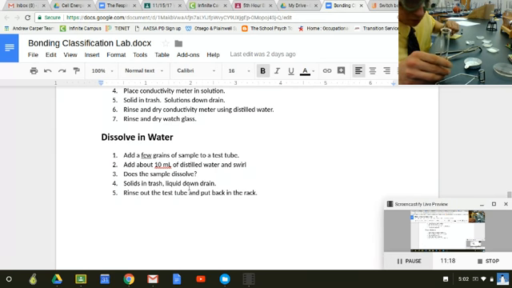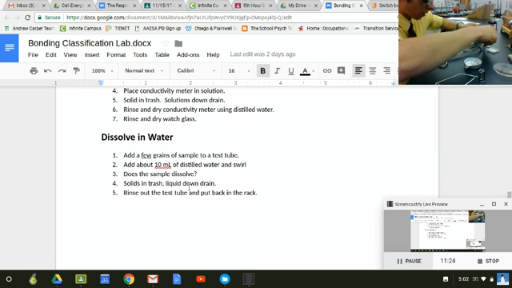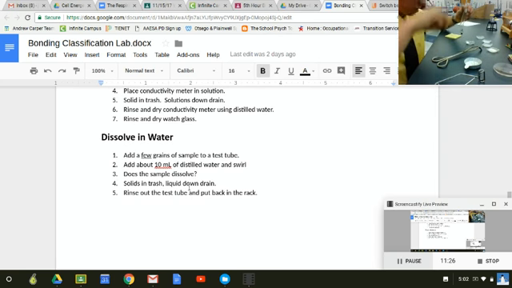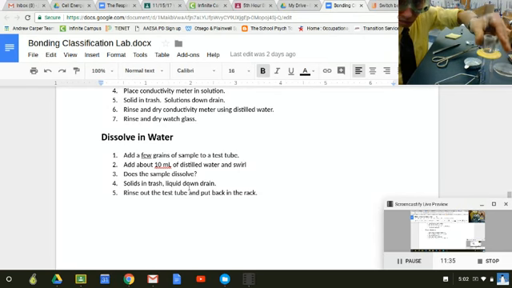You're going to take some of your substance, put it in the test tube. So I'll add some to the test tube. All right, I'm going to add some distilled water, 10 milliliters. So I'm going to use my graduated cylinder here.